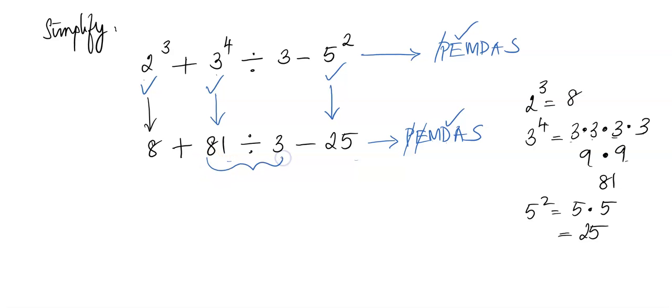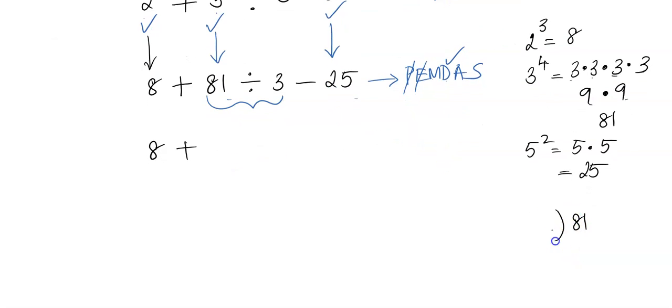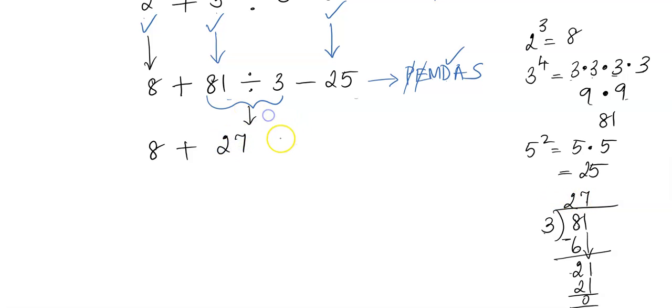So this is the next thing you'll have to do. 8 plus, so you can do the 81 division 3, long division, or you can do the short division too if you're up to it. 3 times 2 is 6. 8 minus 6 is 2. Bring down the 1, that makes it 21. 3 times 7 is 21, a 0 remainder, so the quotient is 27. That goes here, 27 minus 25.